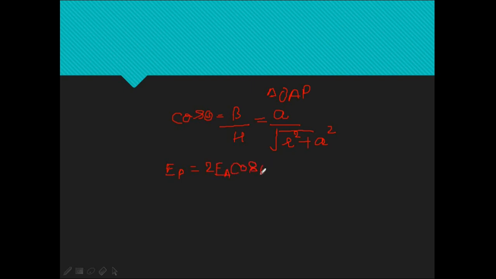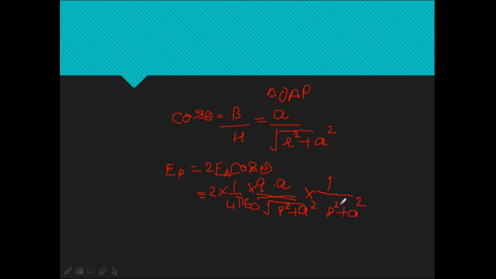Now putting the value of cos of theta and EA is equal to 1 upon 4 pi epsilon naught into Q over r square plus a square. The value of cos theta is a over under root r square plus a square into 1 upon r square plus a square.